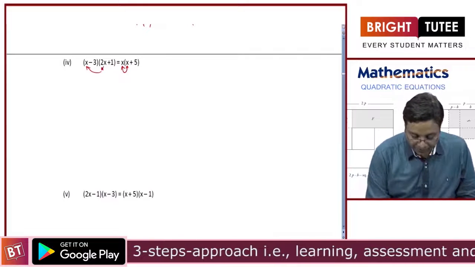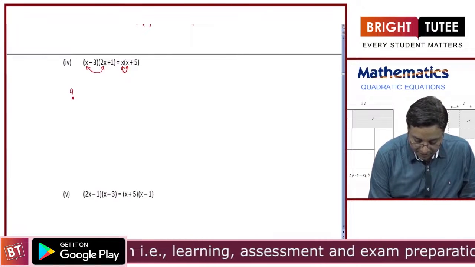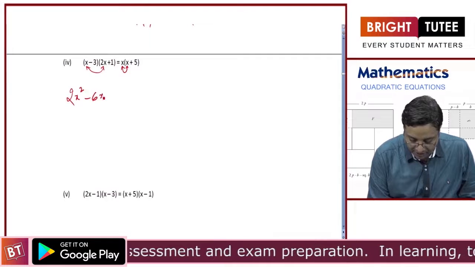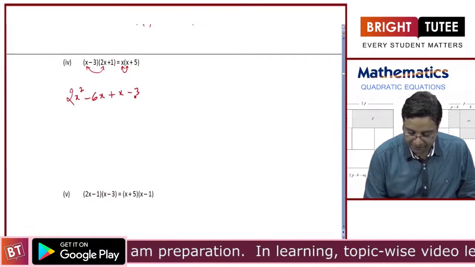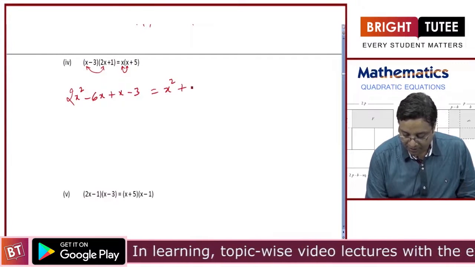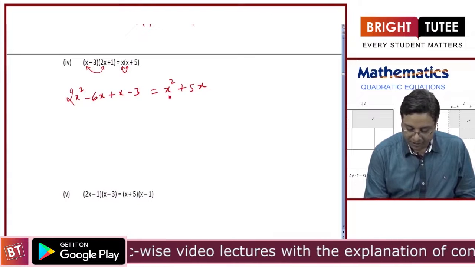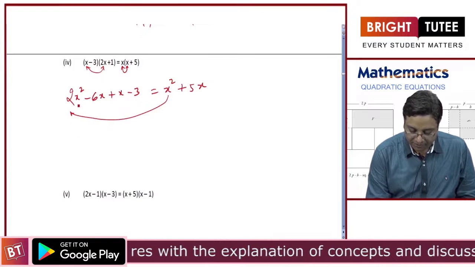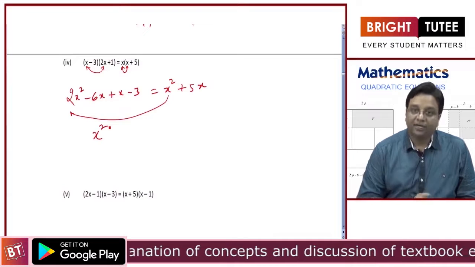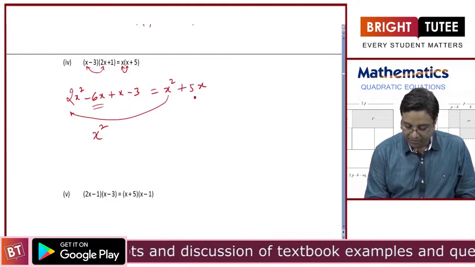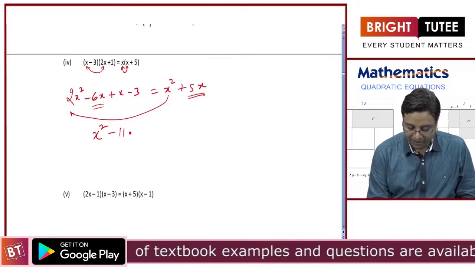I will show you. When I multiply 2x with x, it will give me 2x square minus 6x plus x minus 3 equals x square plus 5x. Now if I bring this x square to the left hand side, it will give me 2x square minus x square, equal to x square, minus 6x minus 5x will give me minus 11x.